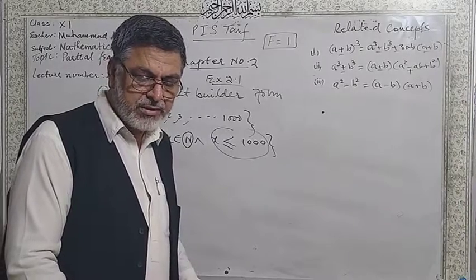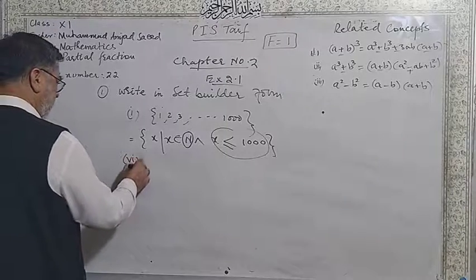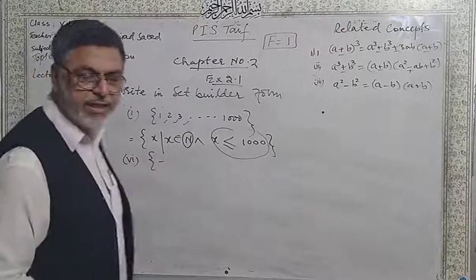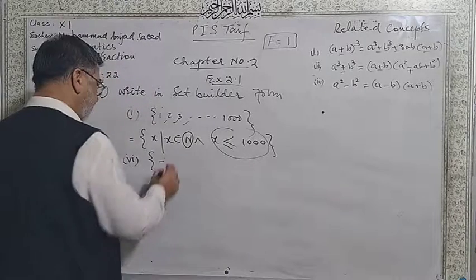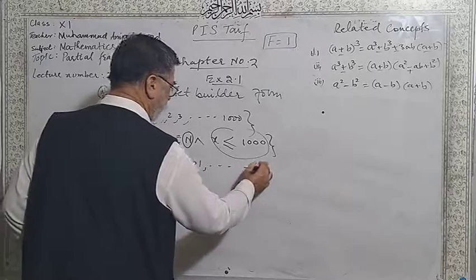For example, we have another part, this is part 6. Suppose we have minus 100, minus 101 up to so on minus 500.